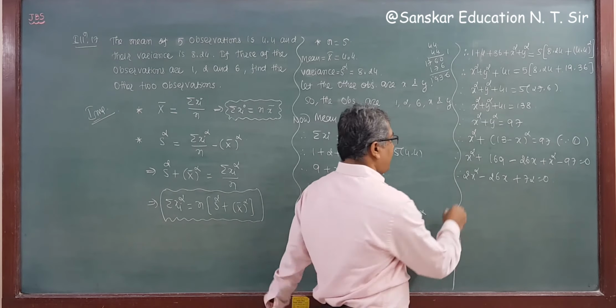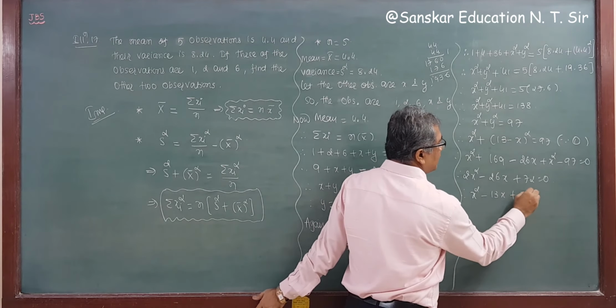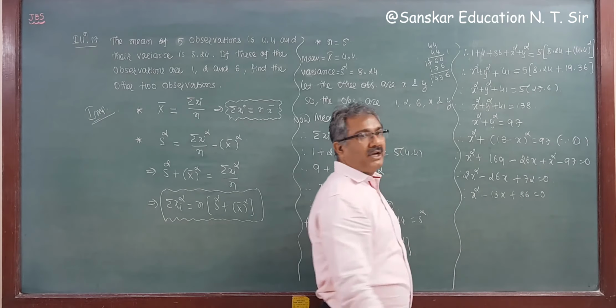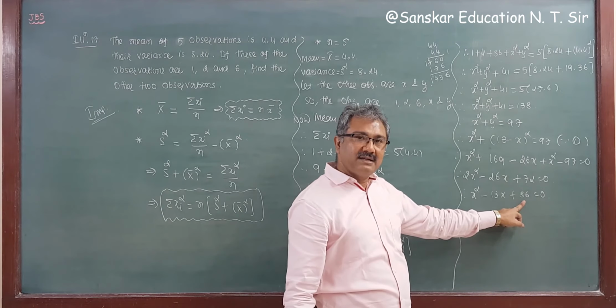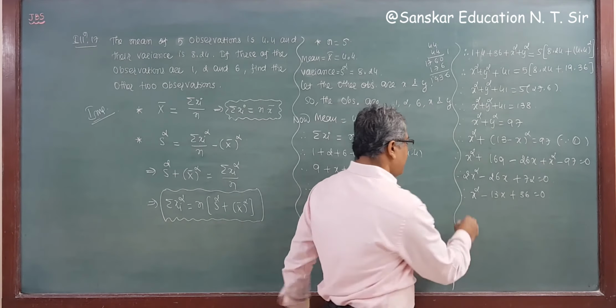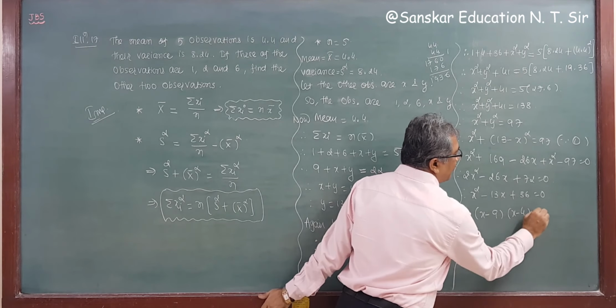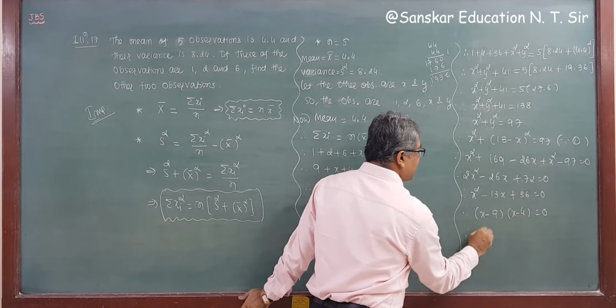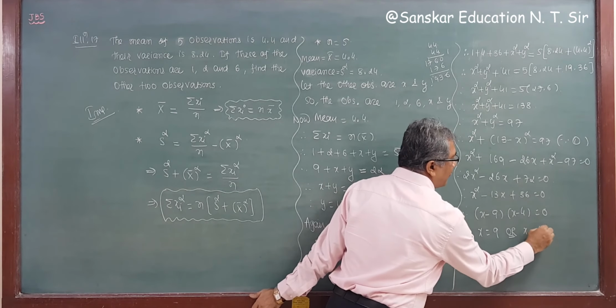Now 2 is common, so taking 2 common, x square minus 13x plus 36 is equal to 0. 9 into 4 is 36 and 9 plus 4 is 13. So the factors are (x minus 9)(x minus 4) equal to 0, that is x is equal to 9 or x is equal to 4.